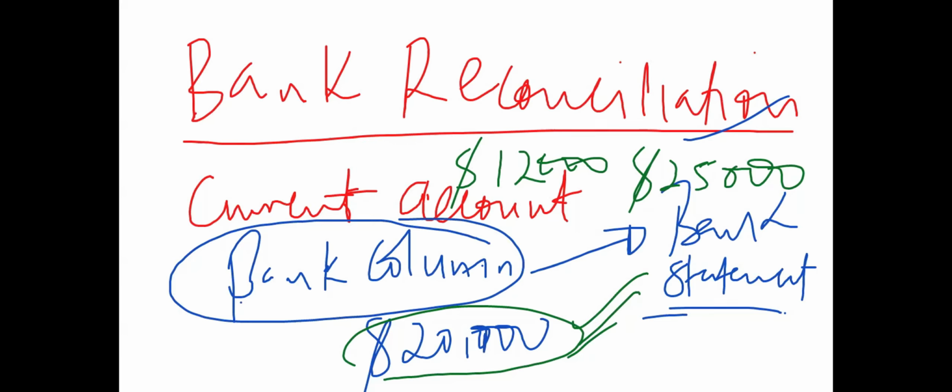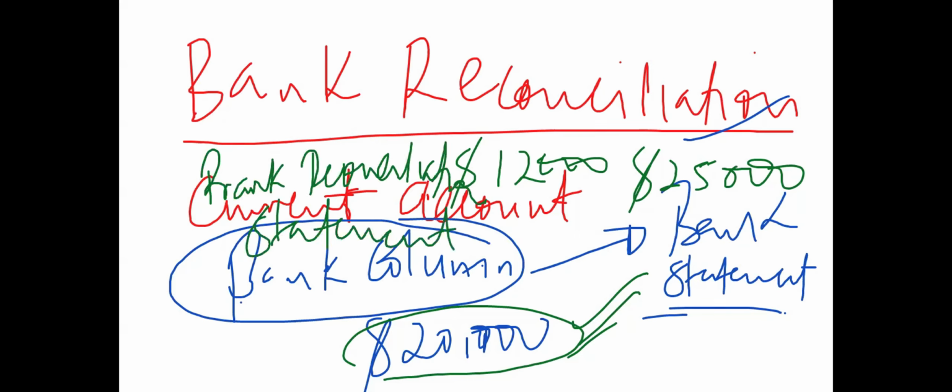And once we have realized that we have a different balance, then we shall need to prepare the bank reconciliation statement. So the bank reconciliation is the process, but what we prepare, we always prepare the bank reconciliation statement.